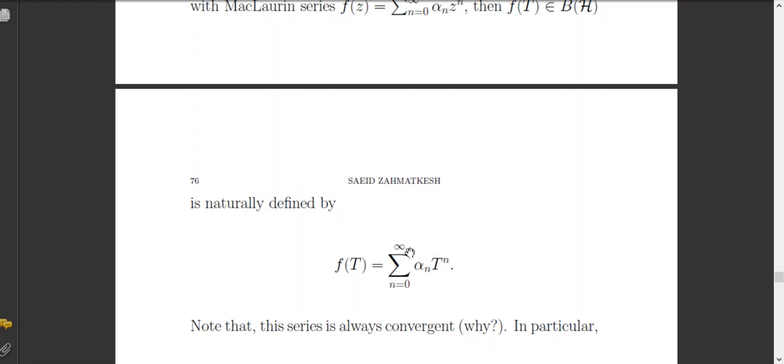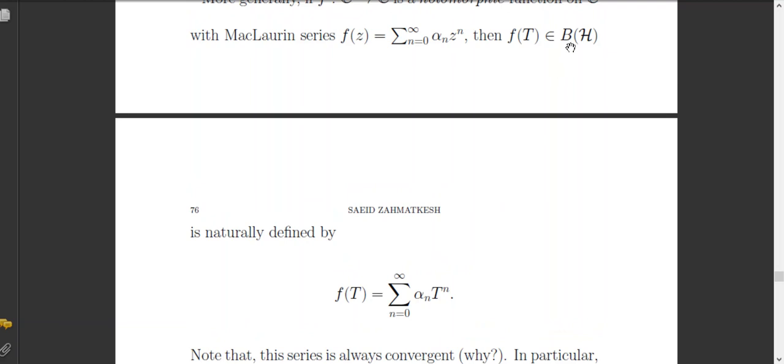You can see this is an infinite series. If you look at the sequence of partial sums of this series, actually the sequence of partial sums of the series is a sequence in B of H, right? Because when we say partial sum, it means the sum of alpha n T^n, n from 0 to k.